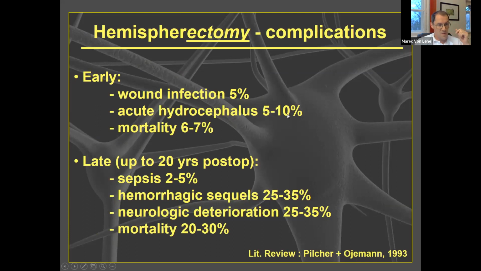These are major issues and are responsible for a high rate of mortality in the early days. The late sequelae of the hemispherectomy are again hydrocephalic problems, but they always have some kind of neurological deterioration over the years, and this is true in long-term follow-up of these patients after hemispherectomy.